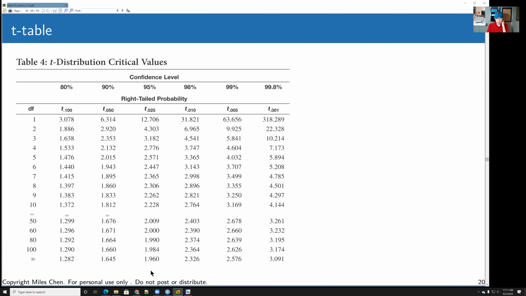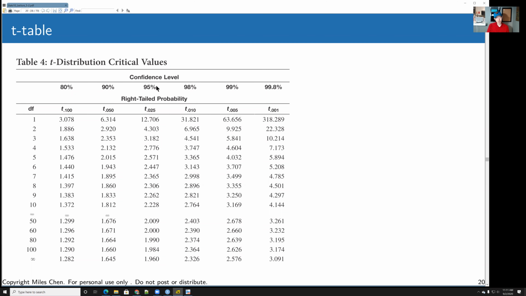And you can see that as your degrees of freedom shrinks, meaning if you have a smaller sample size, the values that you're going to use get a lot larger than 1.96. So with a sample with 10 degrees of freedom, which would correspond to a sample size of 11, you use 2.228. Okay, and if you have a sample size of say 5, then you have 4 degrees of freedom, and you'd use 2.776.